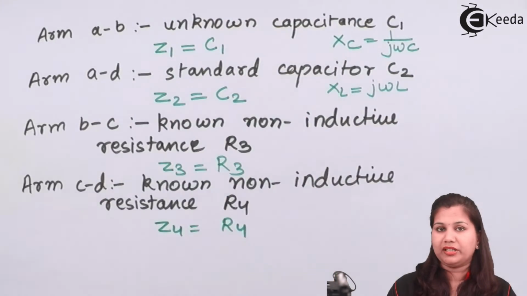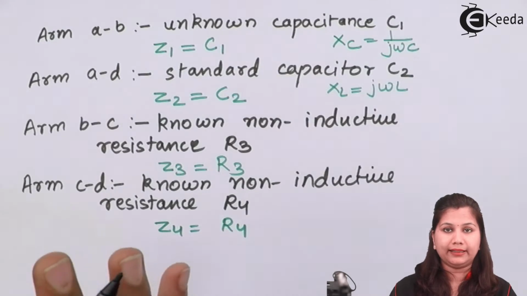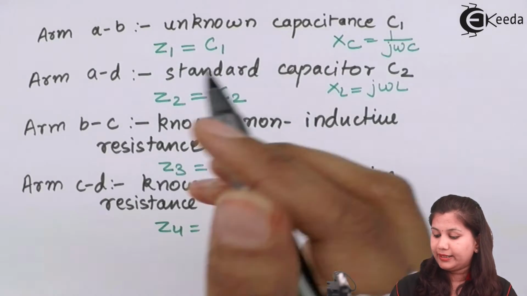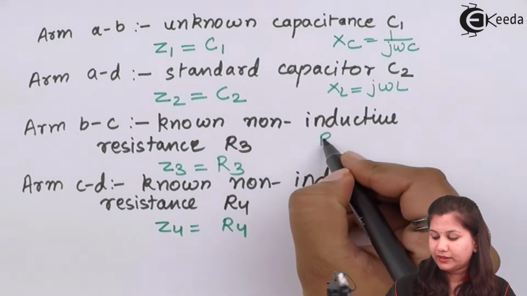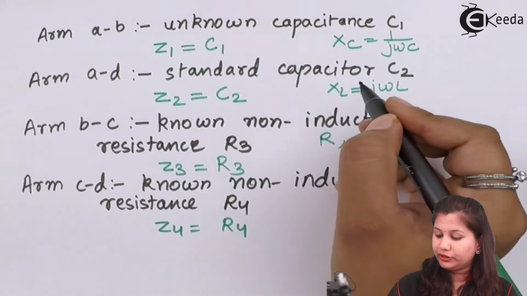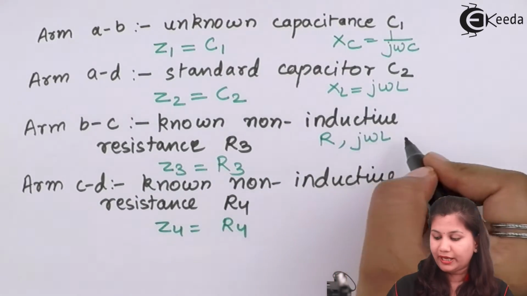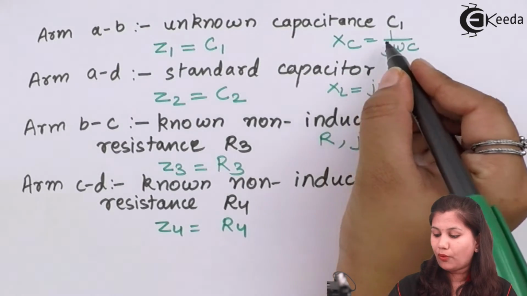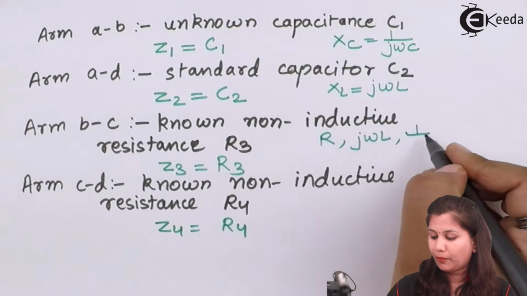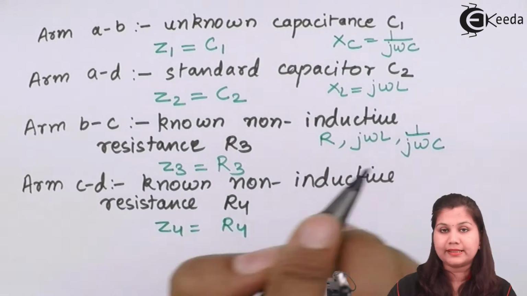So when we have a resistance, capacitor and inductor in a circuit, for a resistance we take the value R, for the inductor we take j omega L, that is the inductive reactance, and for the capacitor we take 1 upon j omega C.